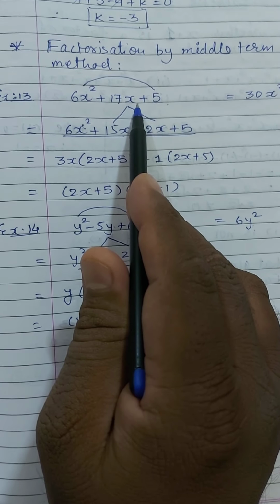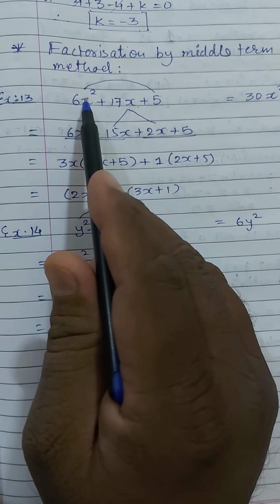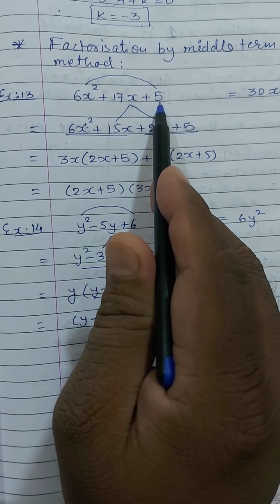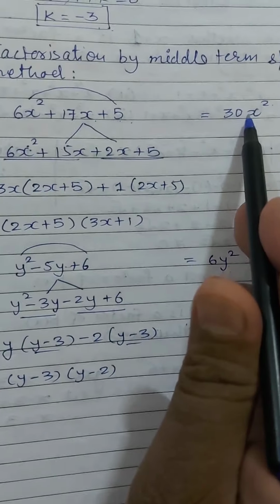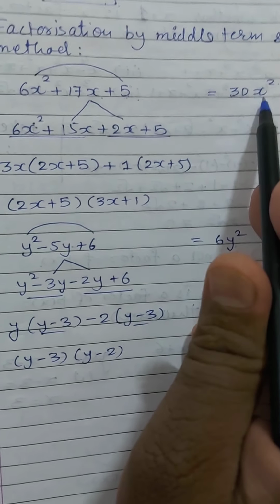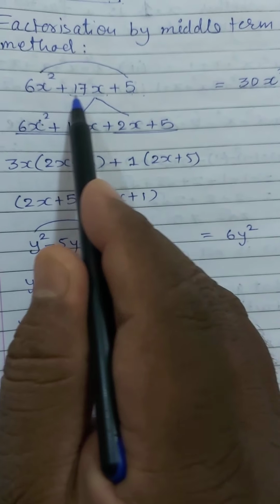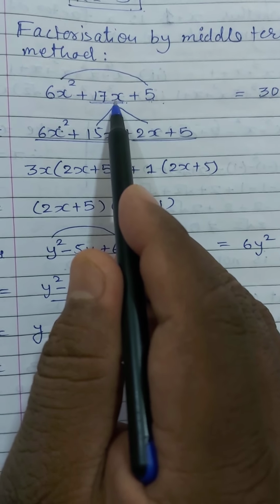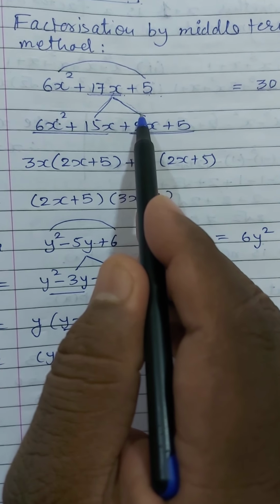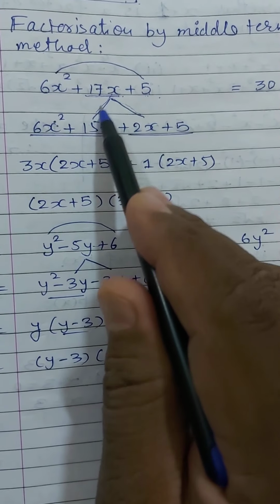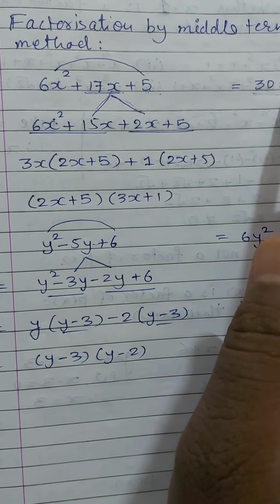So the first step of this method: first you will multiply the first term and the last term. So what you will have here? 6 5s are 30x square. Now check the middle term here, which is 17x. You have to make two parts of 17x in such a way that the multiplication of both the parts is 30x square.